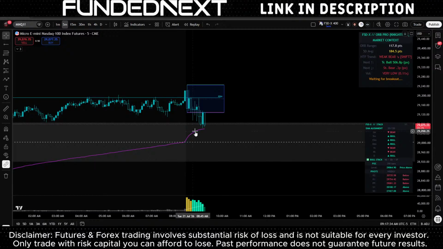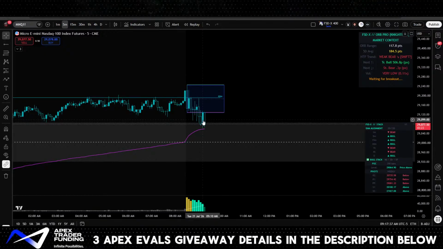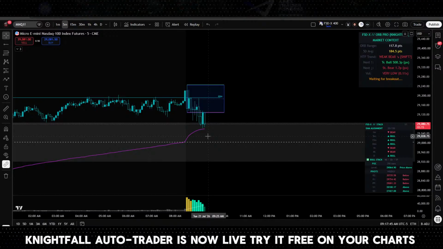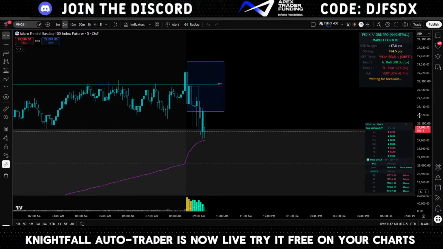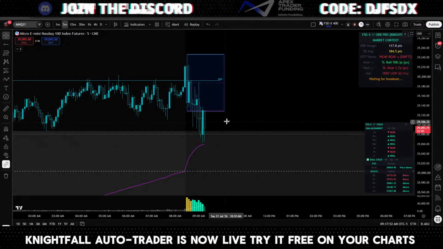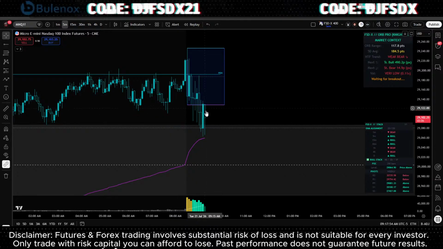Because if this was closer, if it was up here, this would be valid. Because we closed back in the ORB, so the triggers reset. But the fact that we're not aligned with VWAP, that's why there are so many issues with this.